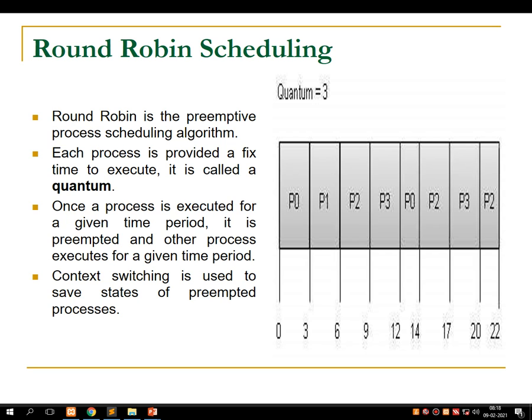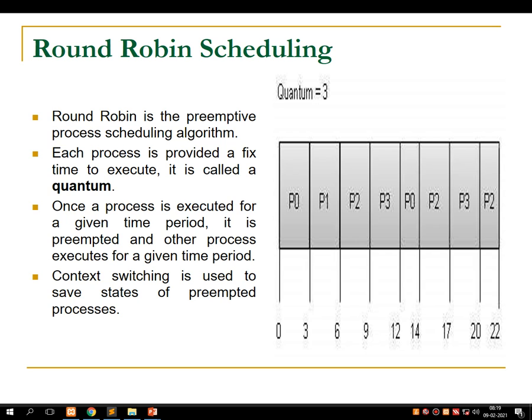Round robin is a preemptive type of scheduling algorithm where each process is provided a fixed time to execute, that is called a quantum. This is the main part of the entire round robin scheduling algorithm, or in short RR scheduling. Again I am repeating my words.